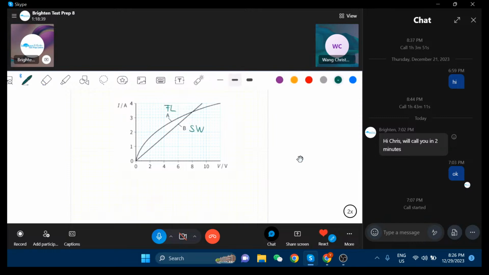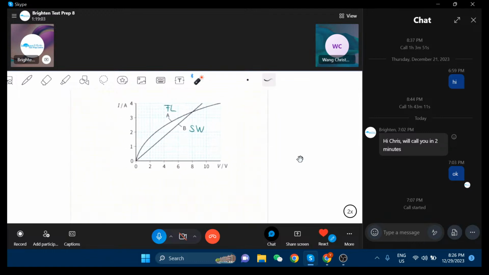This would be just a steel wire. Exactly. So the moment we see such a curve instead of just a line with a variable gradient, it could be something else as well with such non-ohmic behavior, but we are given a filament lamp, so that's the one. Okay, just to get a bit of sense of these various curves.